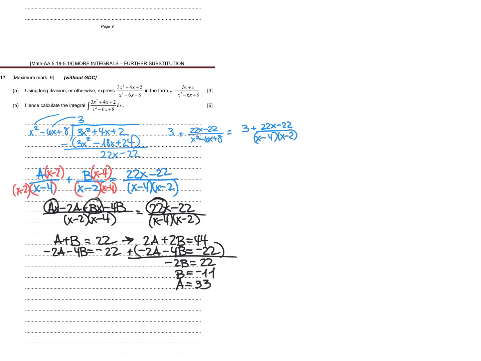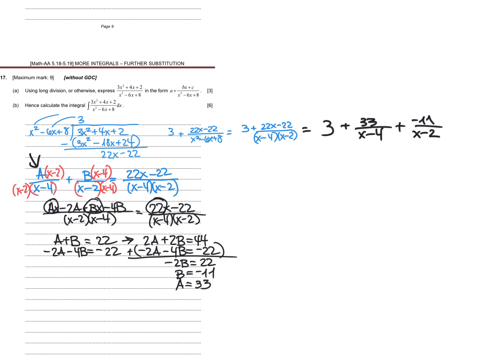So that this is 3 plus 33 over x minus 4 plus negative 11 over x minus 2.